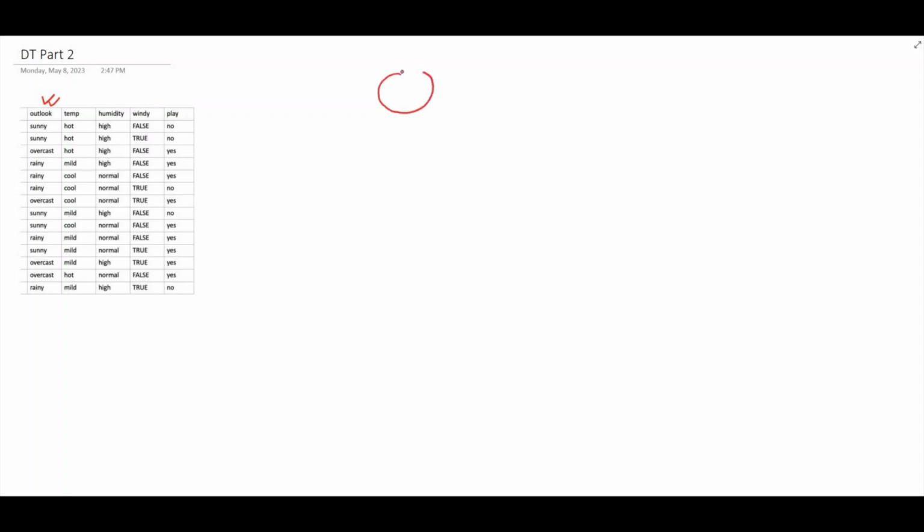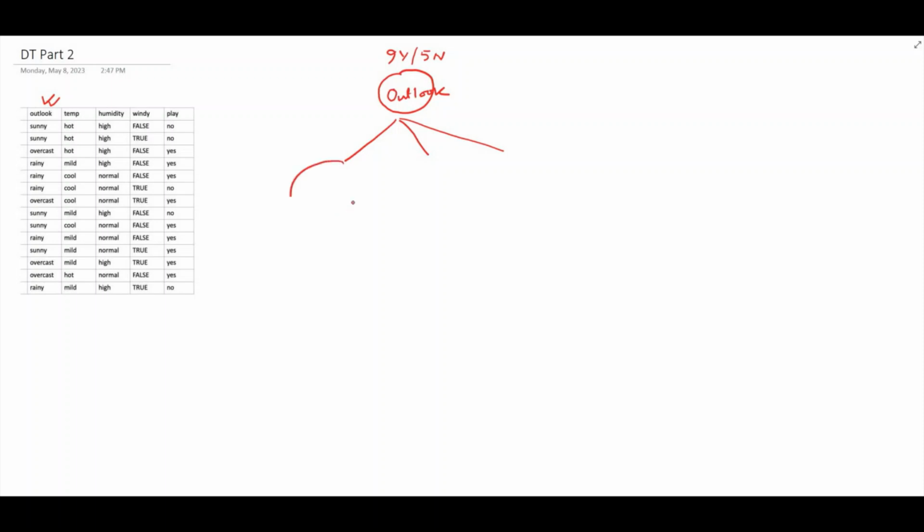This is our first node, and right now I have 9 yes and 5 no. Then I will do the split by outlook.